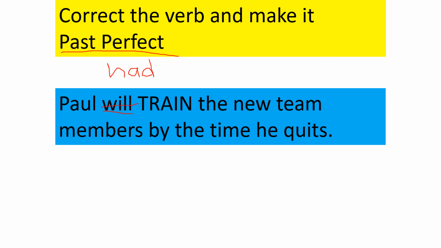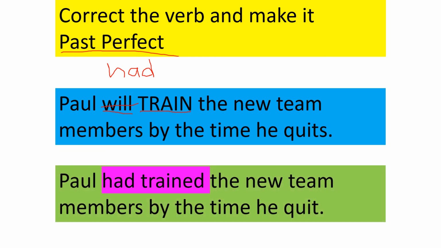You cannot say will had or had will. That is incorrect grammar. So get rid of that first and then change this into the past participle. And then it will turn into Paul had trained, right? Had is not an auxiliary verb that likes to be with other auxiliary verbs, it likes to be on its own. Okay, it wants to be with this main verb here though, trained. Okay, right. I hope that clarifies past perfect.